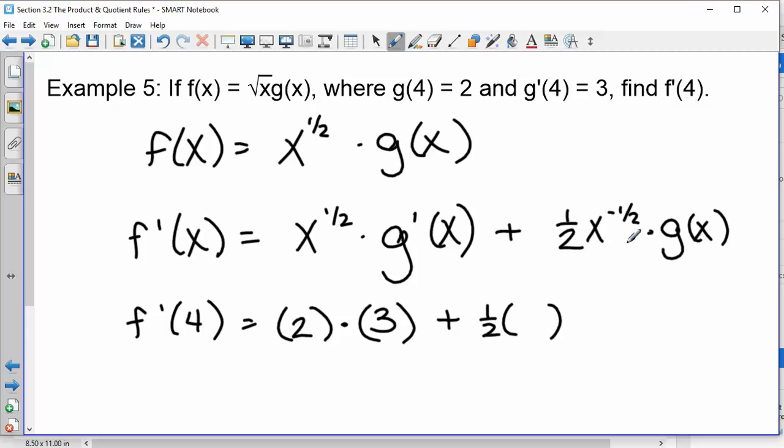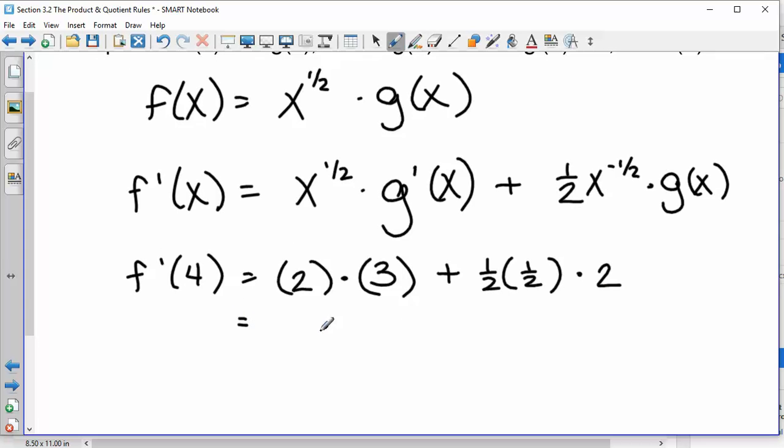That means like 1 over the square root of 4. 1/2 times g of 4 is 2. So we get 6 plus 1/4 times 2 is 1/2. So 6.5 is our final answer. So we did a derivative without even knowing what our function was.